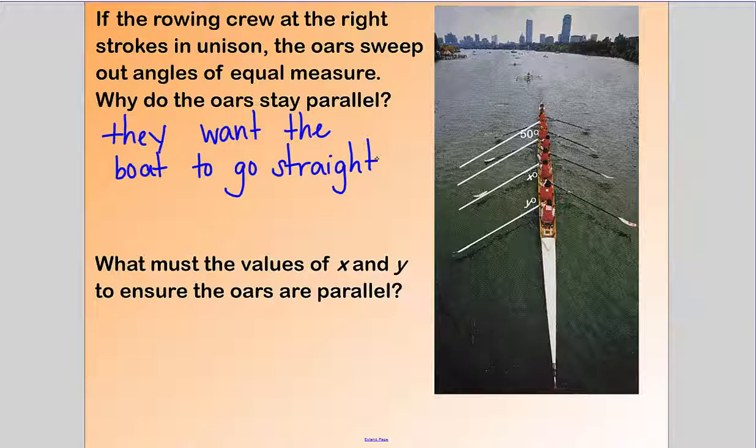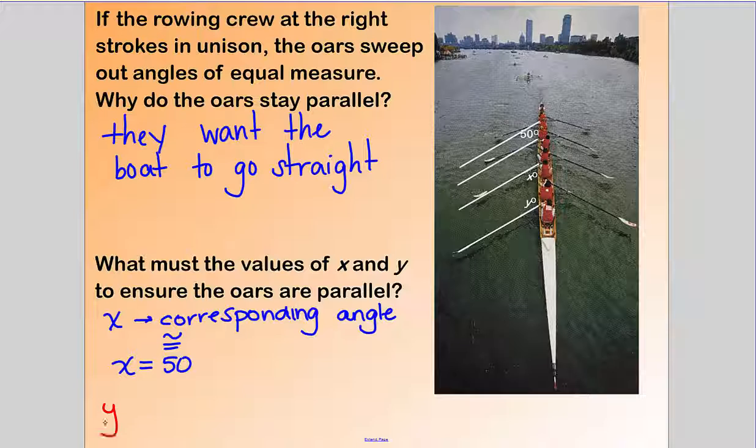What must be the x and y values in order to ensure that these stay parallel? Well, what I'm going to do is try to identify some relationships. X is a corresponding angle, so it must be congruent to 50. So x is equal to 50.